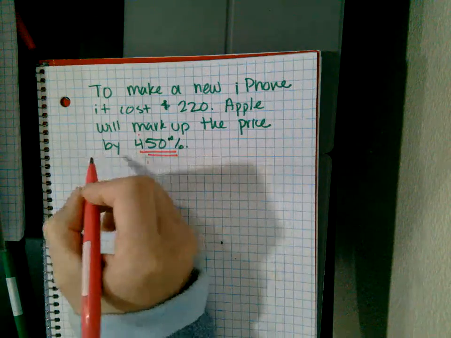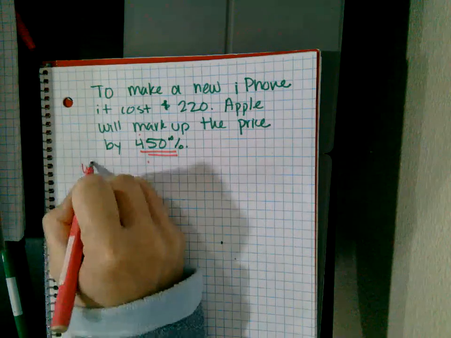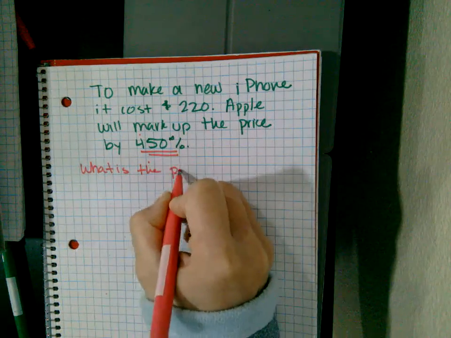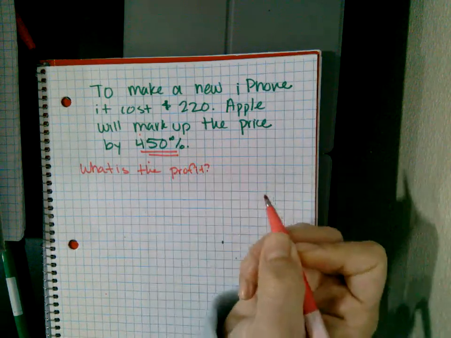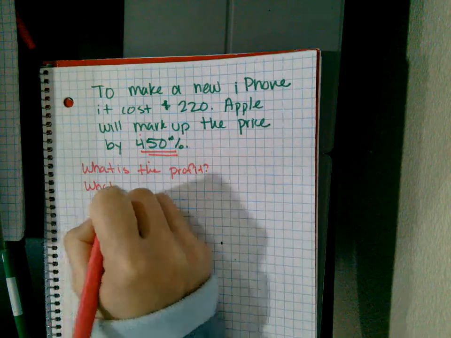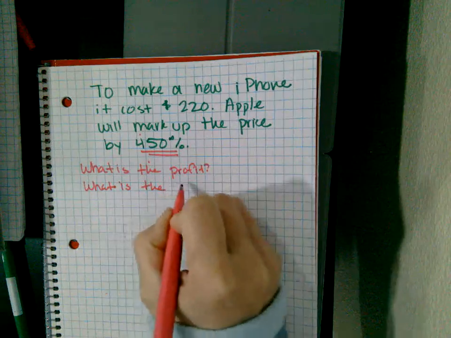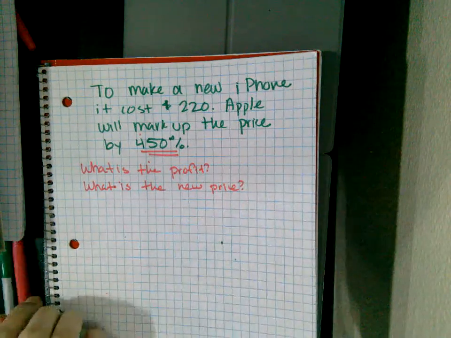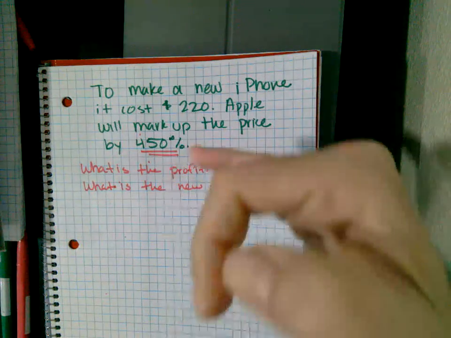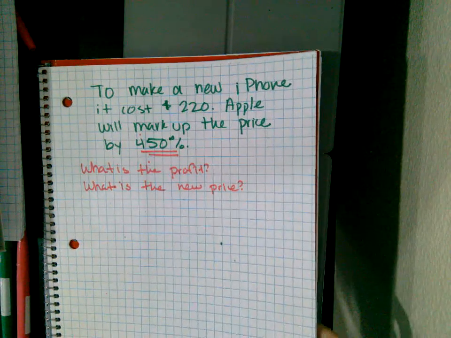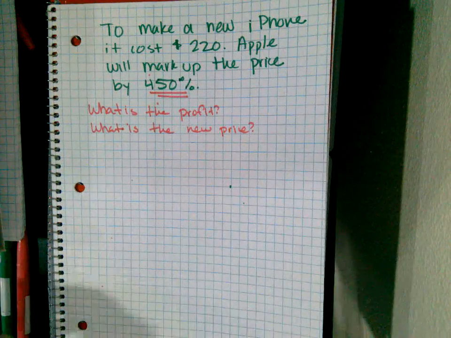You'll get two questions. The first question will be, what is the profit? And then the second question will be, what is the new price? So usually they'll ask you what's the profit, that will be your first answer, and then what's the new price, that would be the second step.